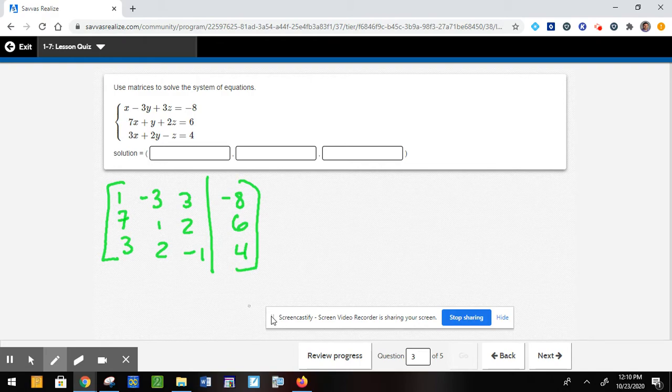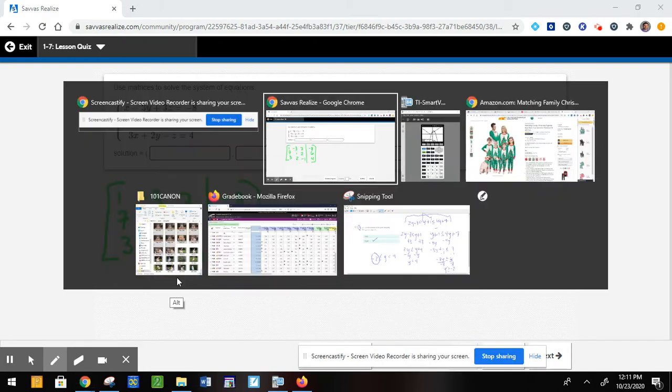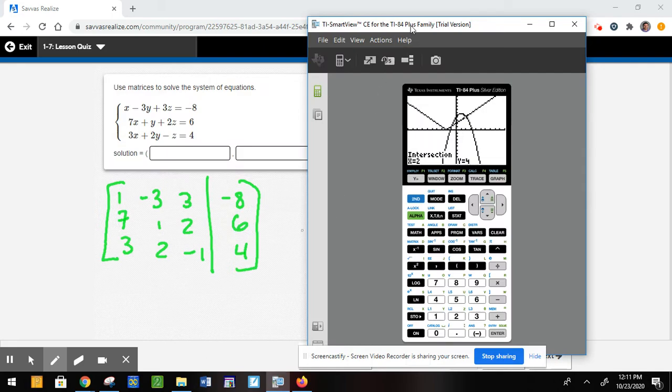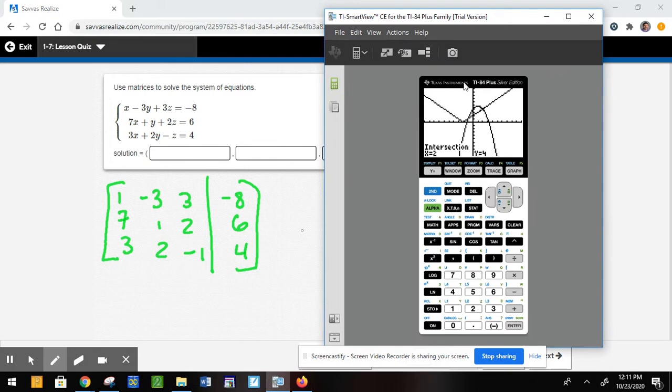I'm going to solve this one using my calculator. So, there we go. Oh, didn't mean to do that. Quit out of that. All right, so second matrix, we're just going to enter the matrix in. It's already a 3 by 4. If it wasn't, you'd have to type 3 and 4 up there.